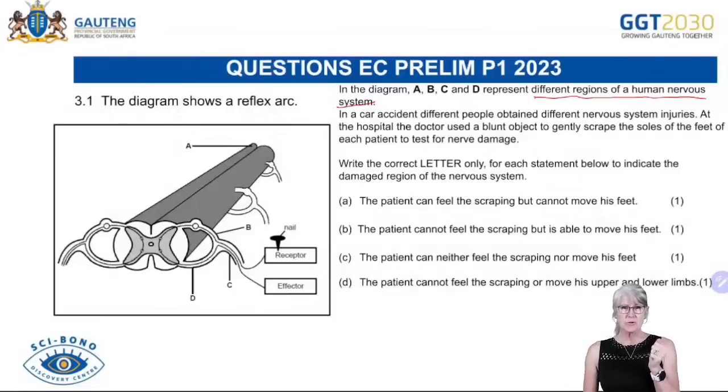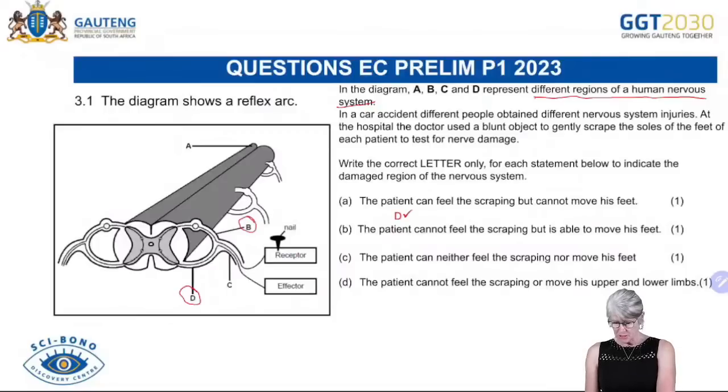So the sensory neuron would be working. So that part labeled B would still be working, but he can't move his feet, which would be D, which is your motor neuron. So the part that would be damaged would be D.